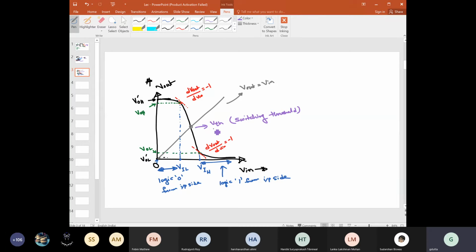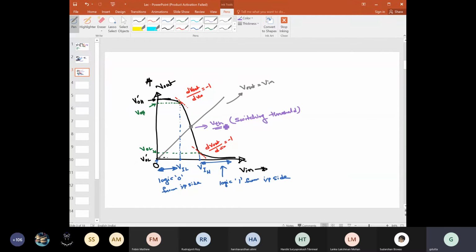Sometimes it's also called the threshold voltage of that particular inverter or logic gate. Please do not get confused between this VTH and the VTH of the transistor. The VTH of an NMOS or a PMOS is the threshold voltage where it starts conducting, right?